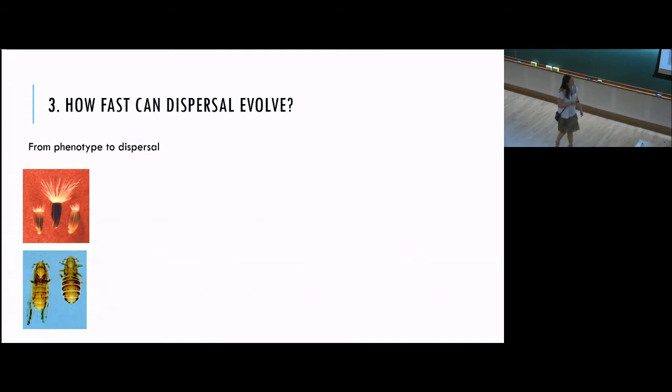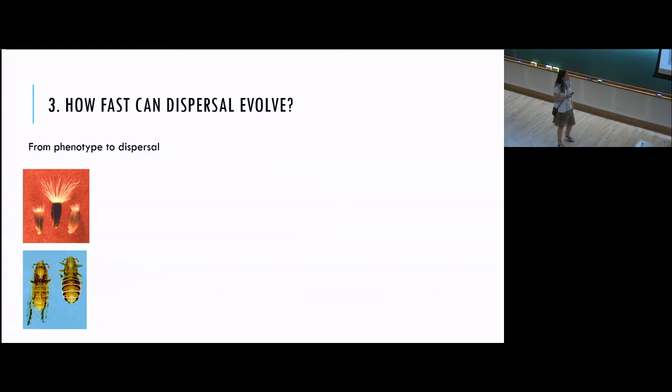Historically there has been a lot of work on species where there are strong, obvious dimorphic types affecting dispersal. For instance, in many Asteraceae plants, the dispersal of seeds is affected by a parachute-like structure, which is called a pappus, on the top of the seed.